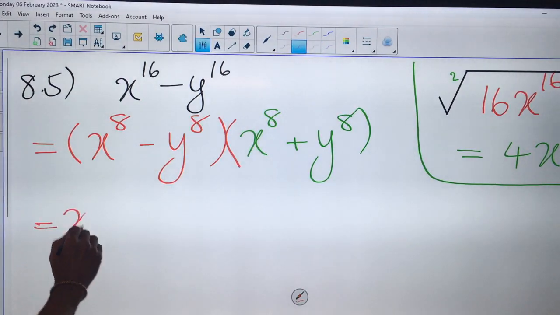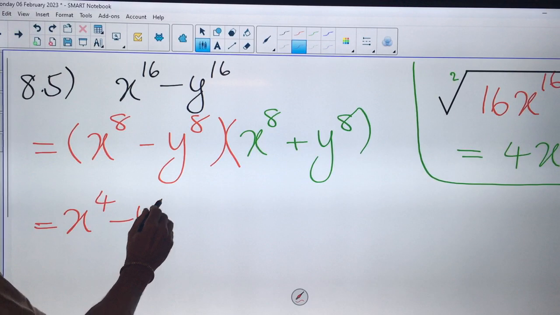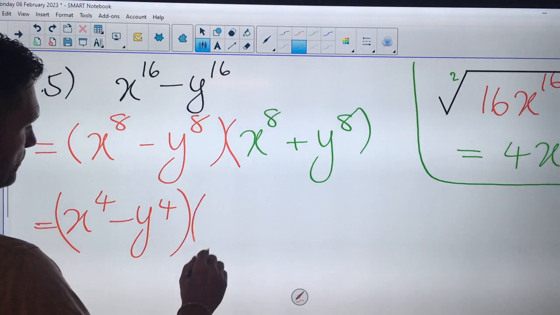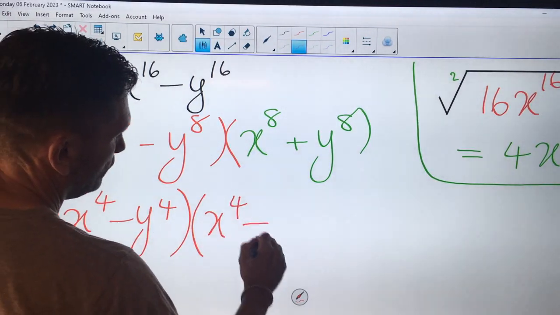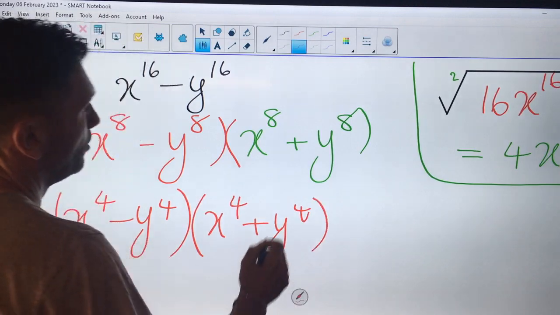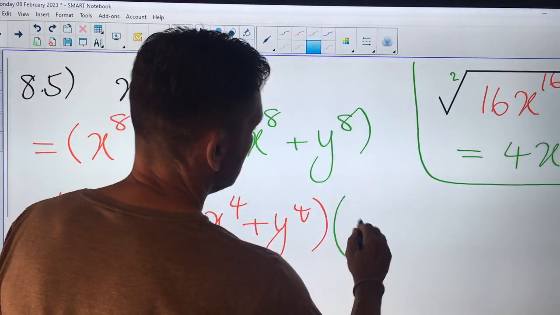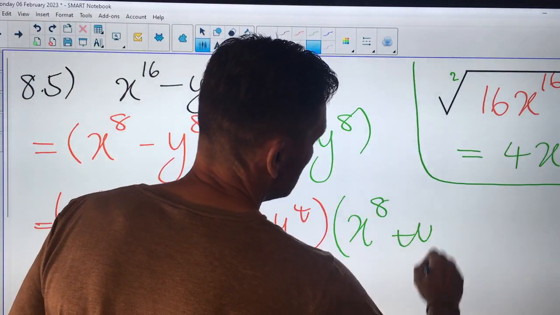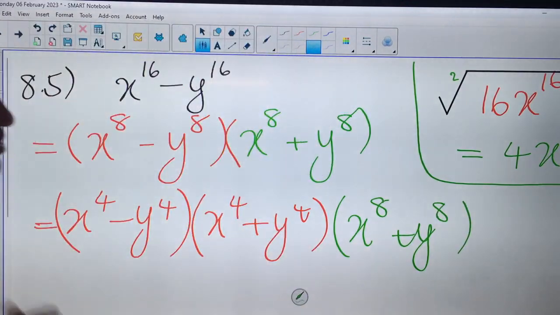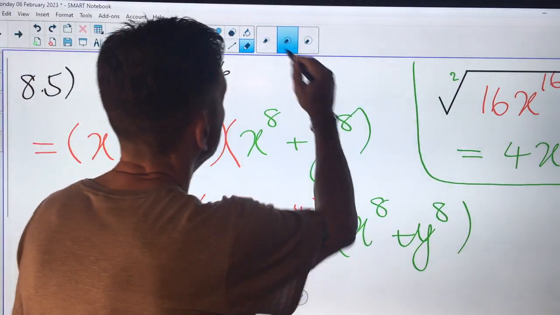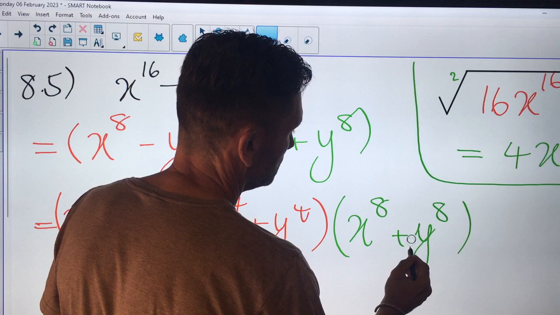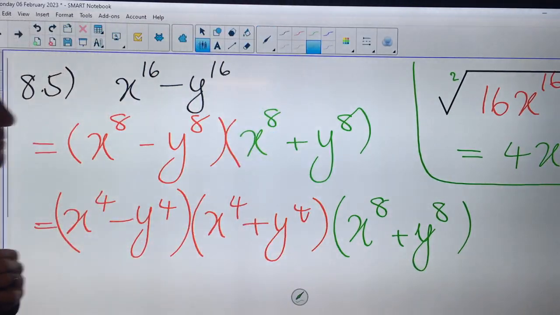That becomes x to the power of 4 minus y to the power of 4, x to the power of 4 plus y to the power of 4. But this green one stays as it is. There's no factors for the sum of 2 cubes.